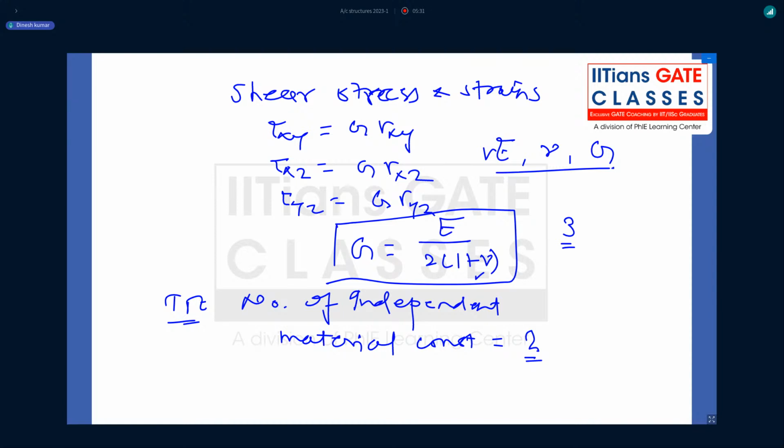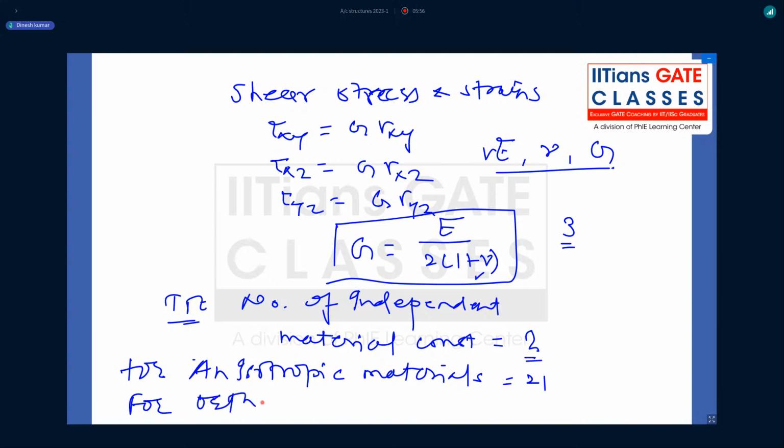Now guys, if you take anisotropic material, can anyone tell how many material constants? Exactly 21. Now for orthotropic material, how many material constants? 9.